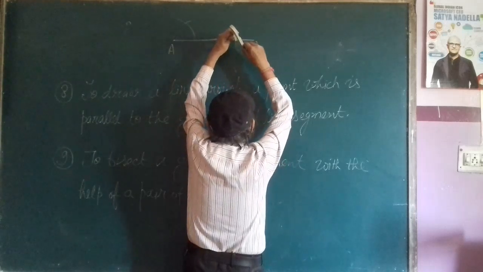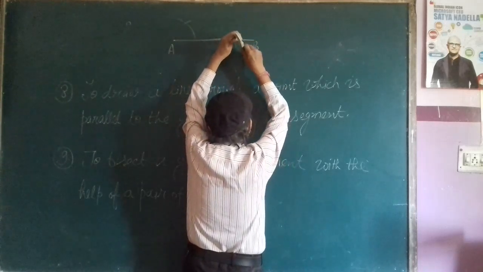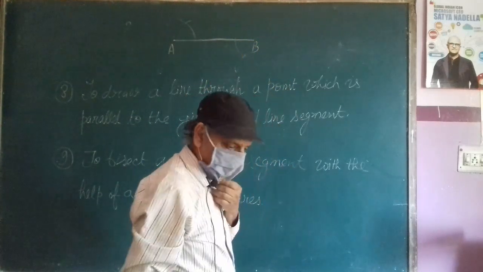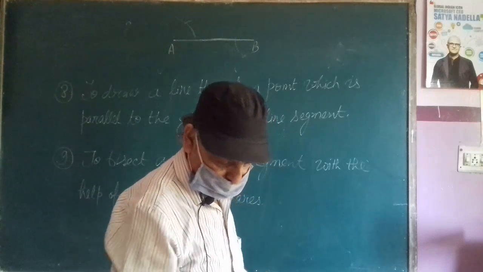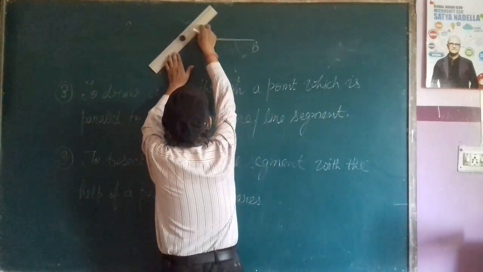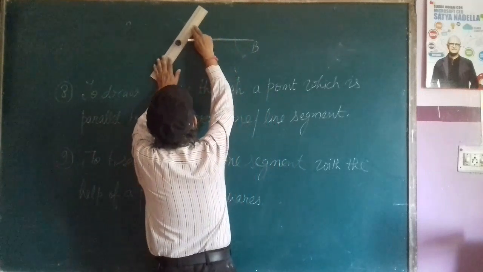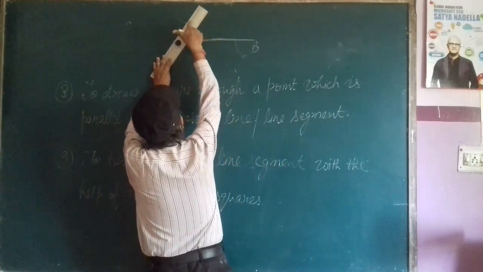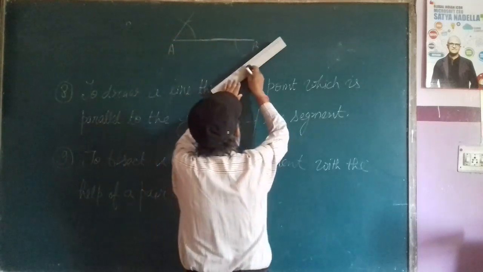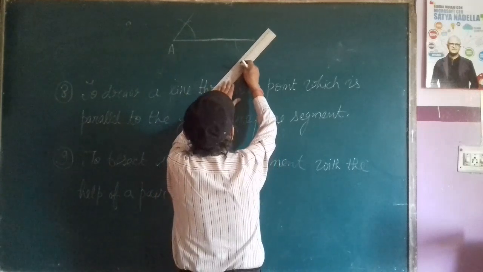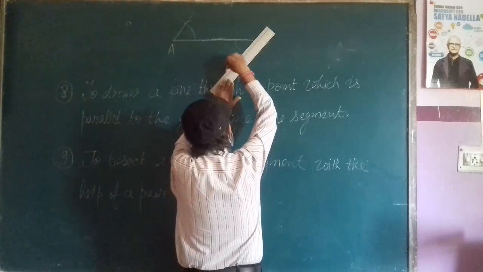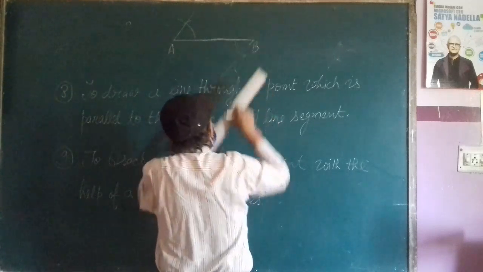When it cuts this former arc, this 60 degrees will be generated, and join them. This is 60 degrees.